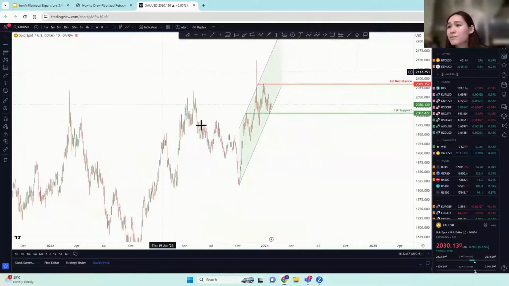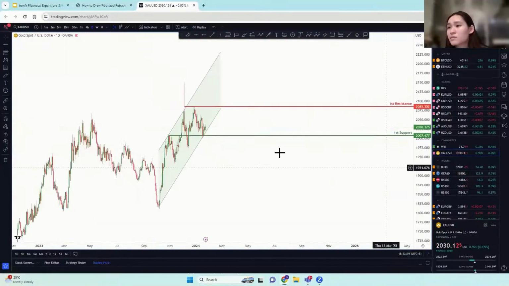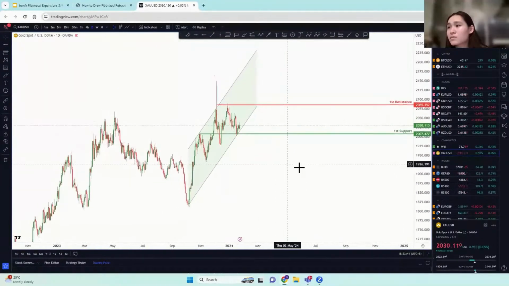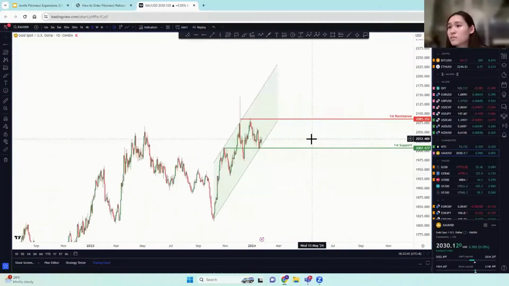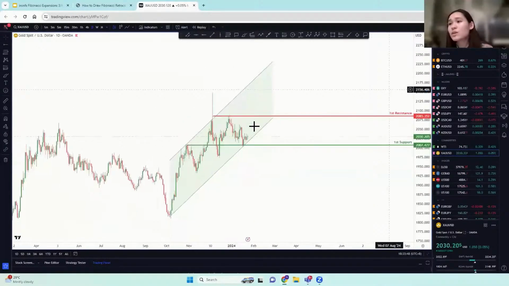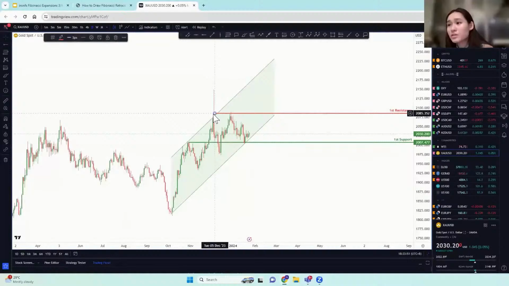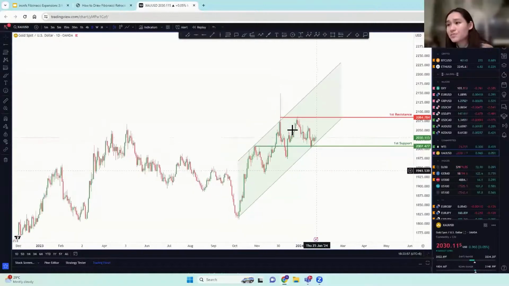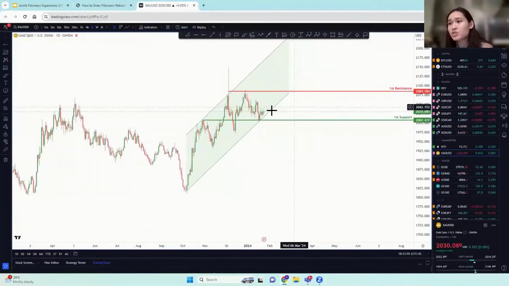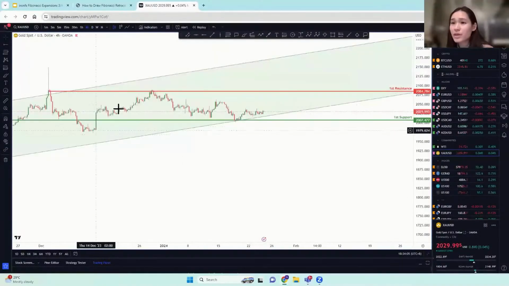Typically we will follow trend, and we can see that price is bouncing off of the trend channel. So following that trend, we are expecting it to hit towards our first resistance. Let's look at our 4-hour time frame now.